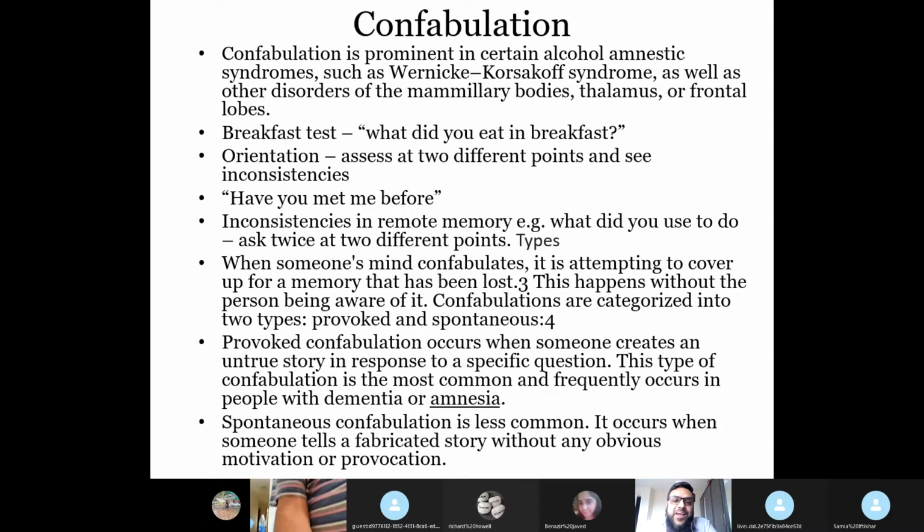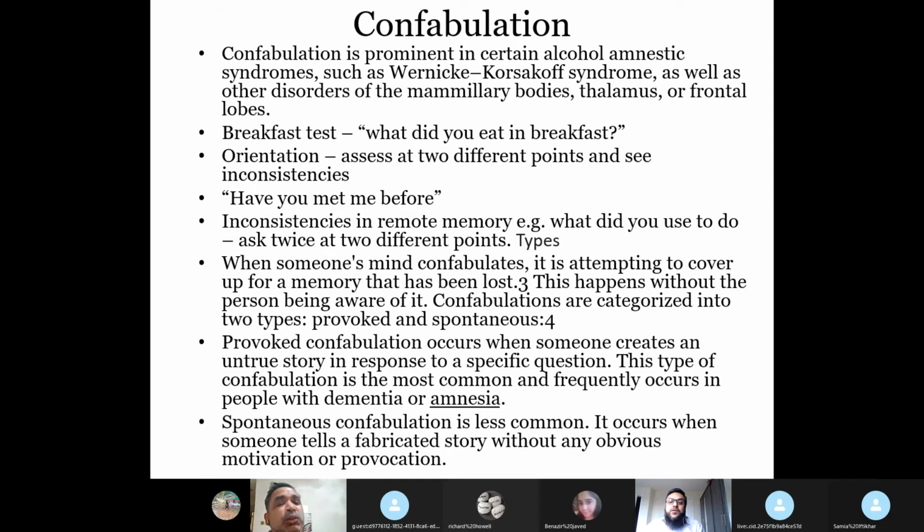So they may give different answers, and that will tell you confabulation. Even when they are saying 21st of March 2016, that is showing confabulation, but you can confirm that in a clinical examination setting by asking again and creating inconsistencies.